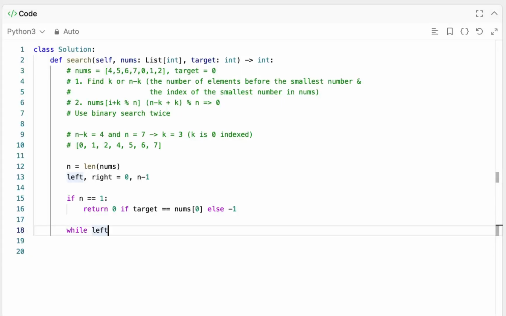While right minus left, the length, is strictly inferior... should it be superior or equal to 2?